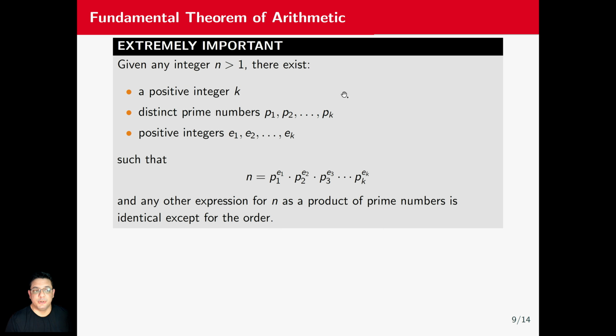Now, extremely important here, given any integer bigger than 1, there's always going to be a positive integer k and distinct prime numbers p1 to pk, so that for a sequence of positive integers, I can see that integer as a product of powers of primes.